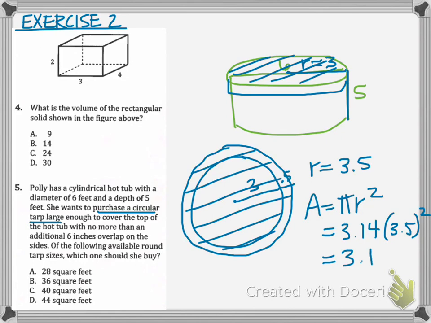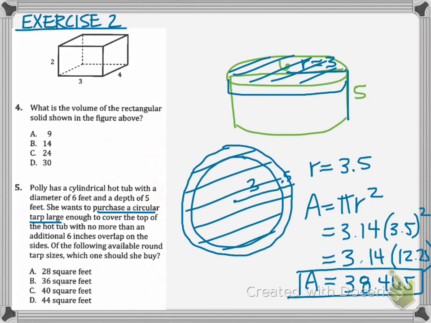So 3.14 times 12.25 equals 38.465. That's the area, and that's going to be square feet.